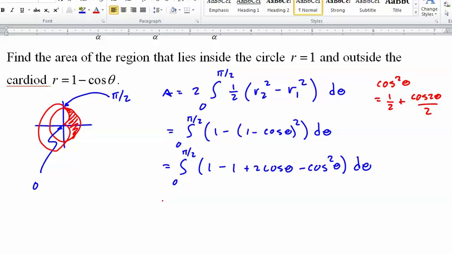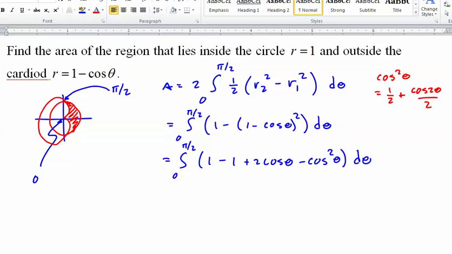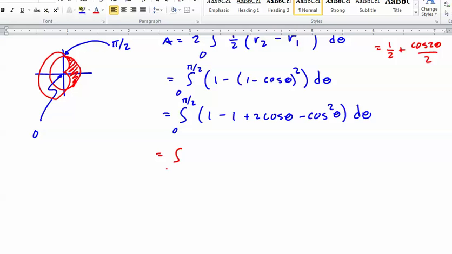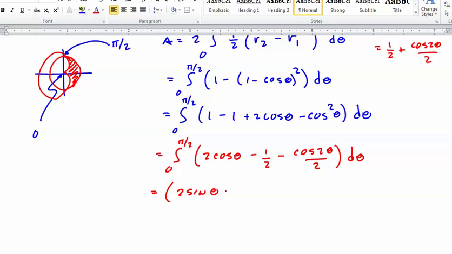You should get something like, ones cancel, 2 cosine of theta minus 1/2 minus cosine of 2 theta over 2 d theta, equals 2 sine of theta, pieces of cake, minus theta over 2, pieces of cake, minus sine of 2 theta over 4, because the 2 will cancel.